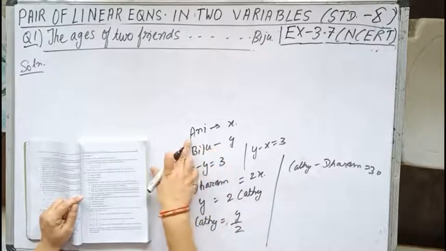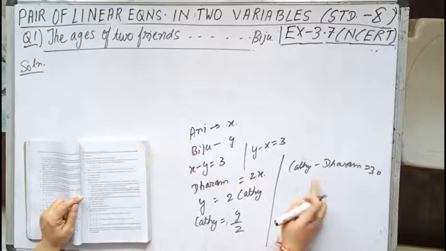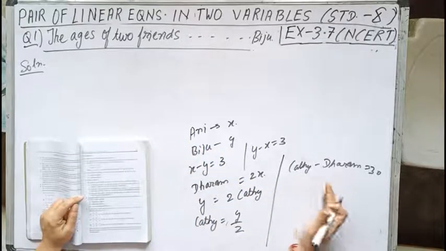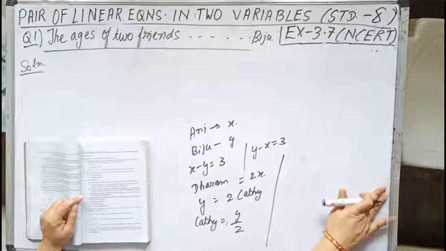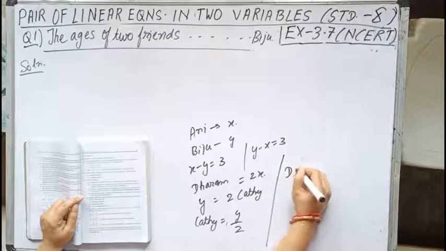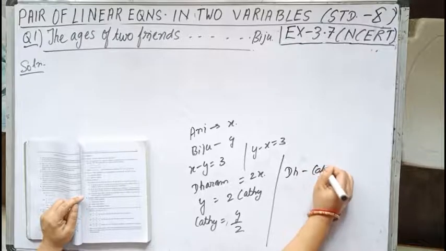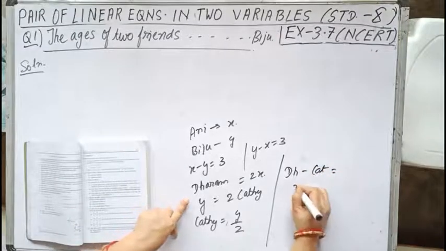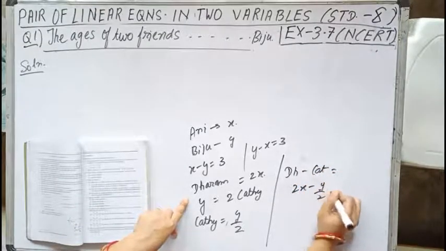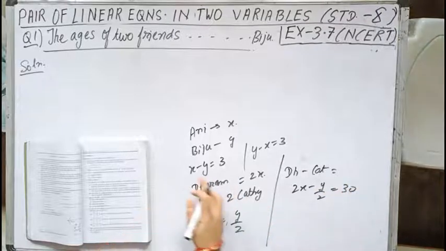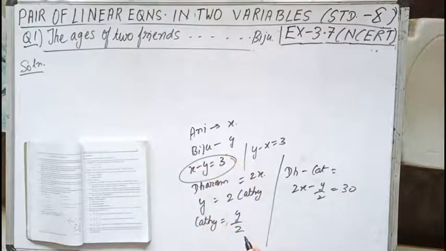But Dharam is the father of Annie. So we cannot write Kathy minus Dharam. We have to write Dharam minus Kathy. Dharam is 2x and Kathy is y by 2, and this equals 30. So we have got two equations over here, x minus y equals 3 or y minus x equals 3, and this one. We will solve these and get the values of x and y.